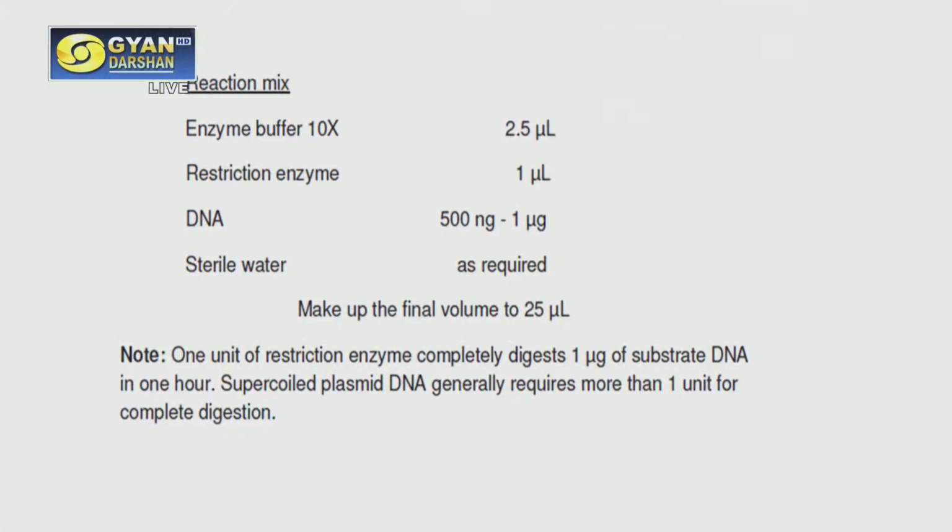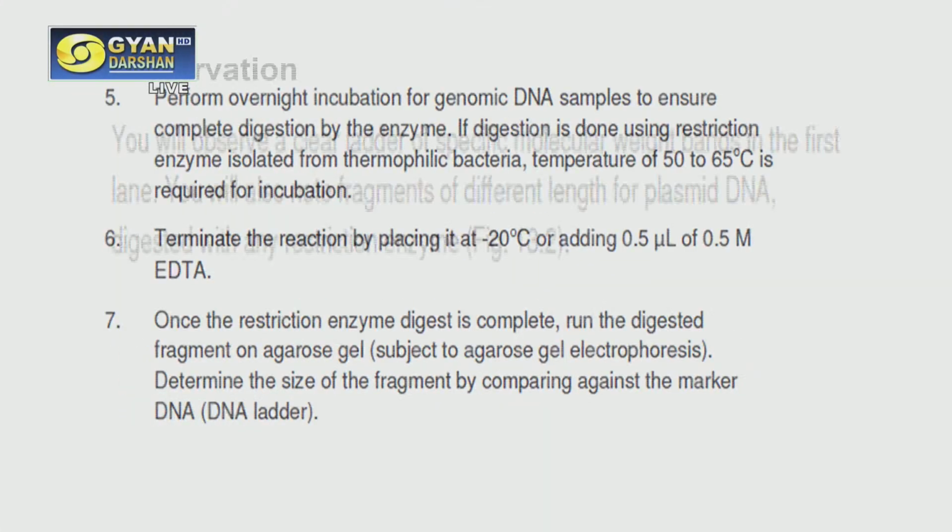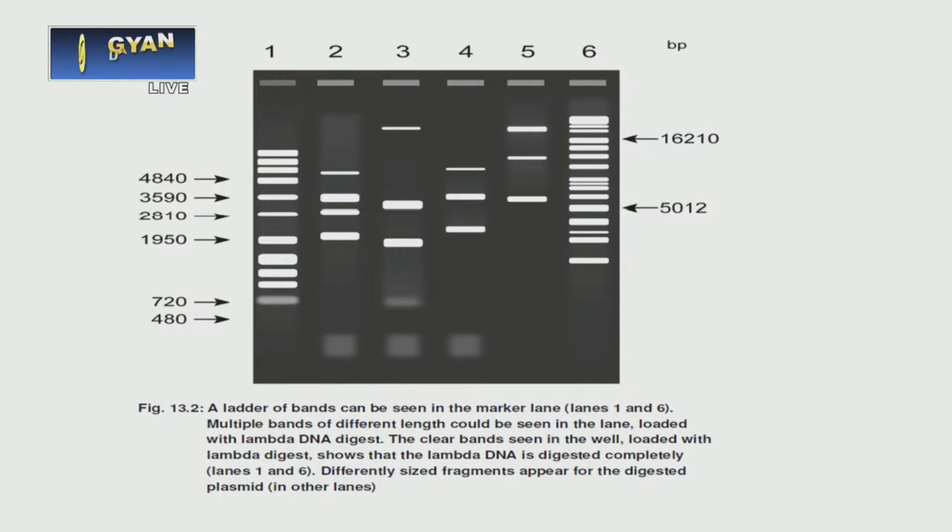Now before I go into that, you can just take a look at the observation. This is actually how it will look. You can see a series of bands, which means that the DNA has been digested. Sometimes it might happen that a fragment is released after digestion. Maybe one piece of fragment is released because of digesting the plasmid DNA.